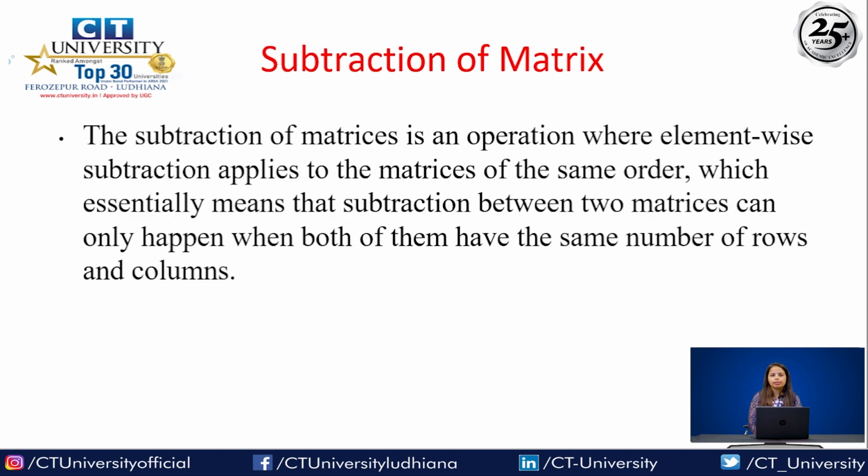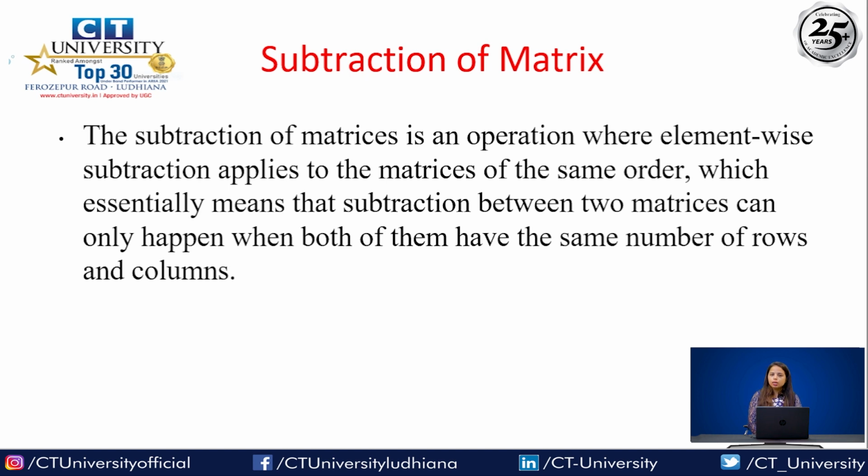Now the second one is subtraction of matrices. What is subtraction of matrices? It means you have to subtract two matrices, meaning minus. The subtraction of matrices is an operation where element-wise subtraction applies to matrices of the same order.